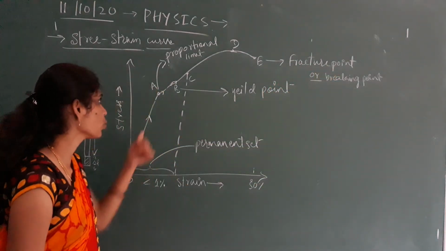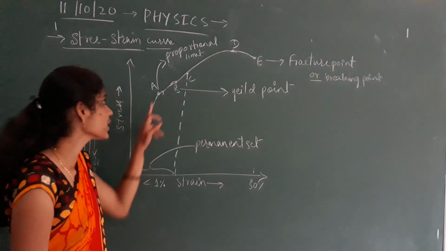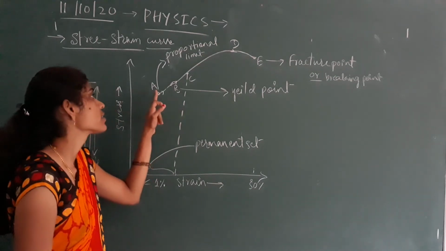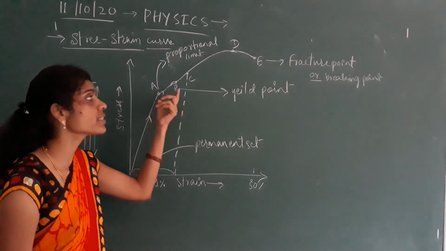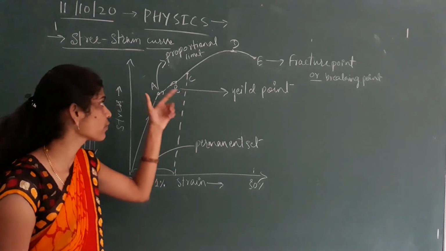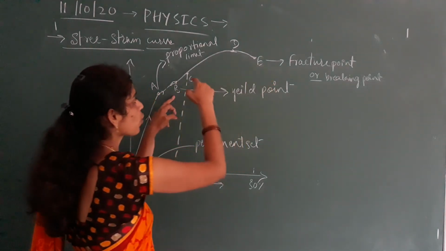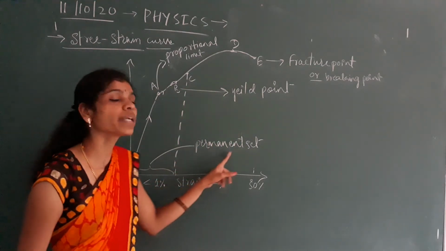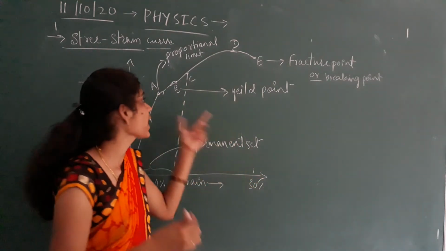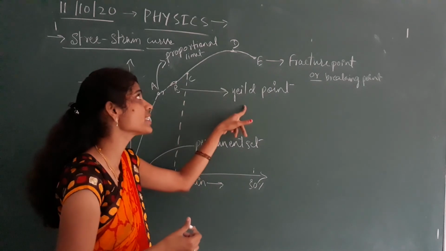To summarize: from O to A, the curve is linear and Hooke's law is valid. From A to B, Hooke's law is not valid, therefore the curve is not linear. From B to E, at a certain point C, we call it the permanent set because the property of elasticity is converted into plasticity.